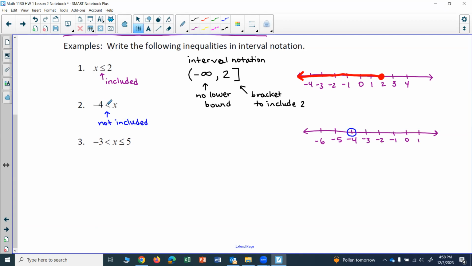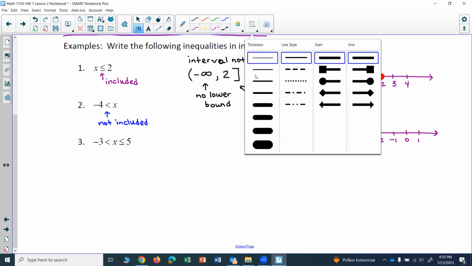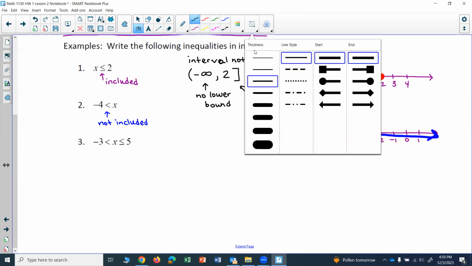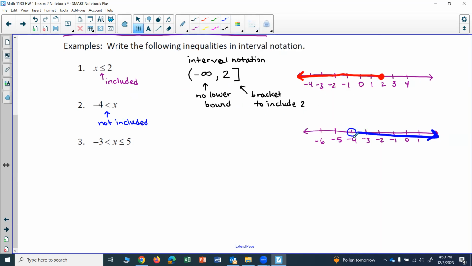And x is greater than -4 is another way of saying -4 is less than x. So x is greater than -4. So I'm going to put my arrow off to the right here. And so converting that to interval notation, I would have a lower bound of -4, no upper bound, so it goes to infinity.